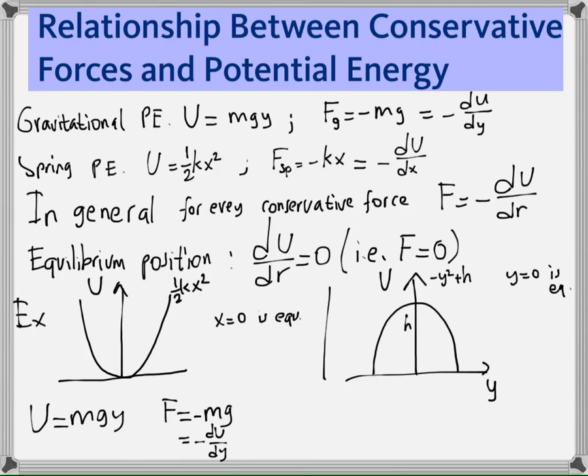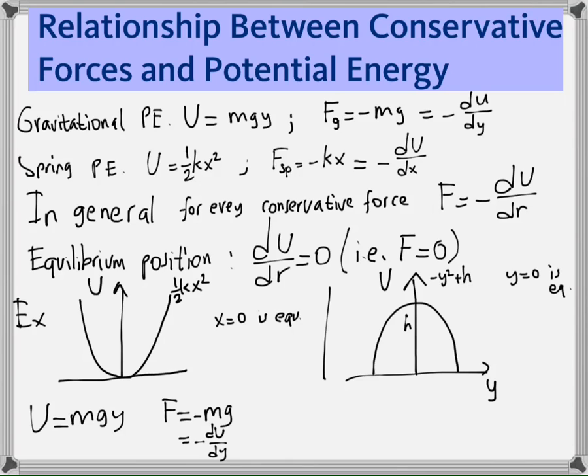Okay? For all forces for which the energy is conserved. And it is the same with the spring potential energy. Remember, the spring potential energy is 1/2 kx squared, and the spring force that creates this potential energy is -kx.